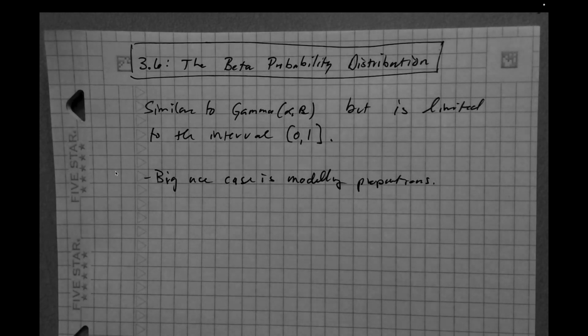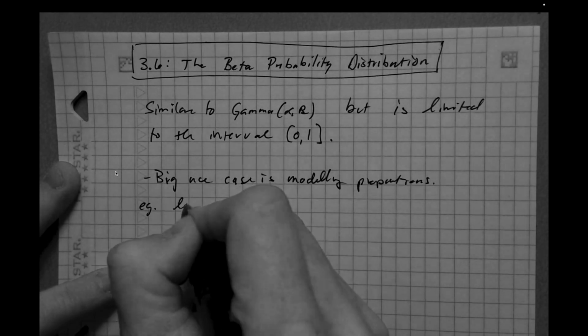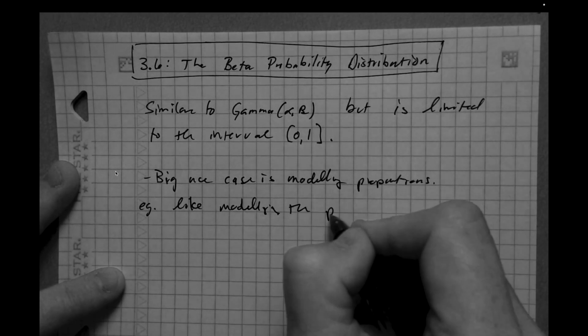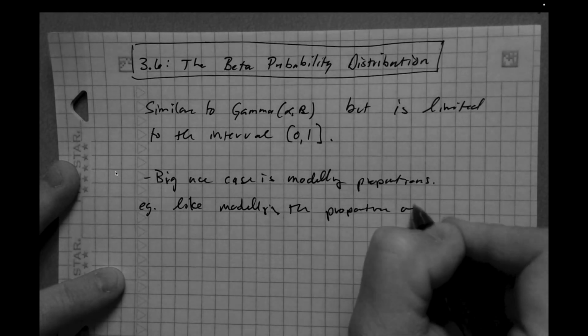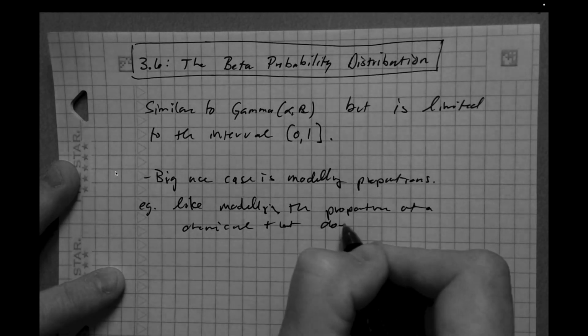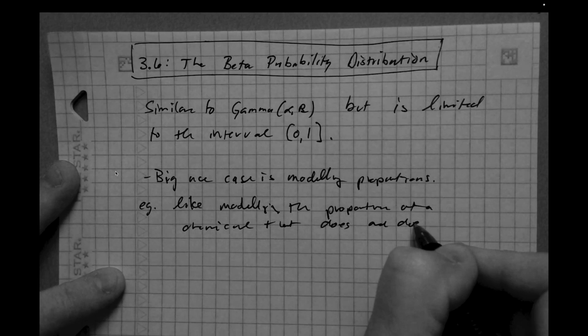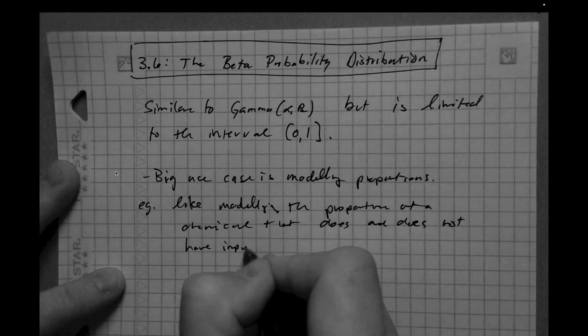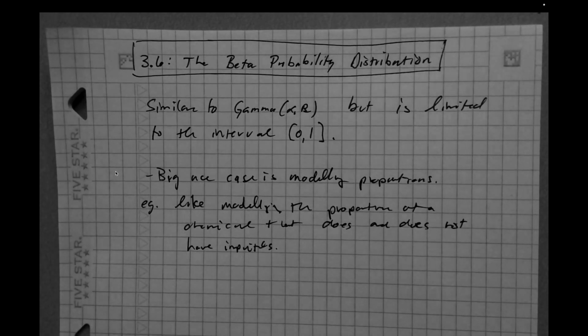So things like the proportion of a chemical that does and does not have impurities would be an example. There's countless examples, of course.